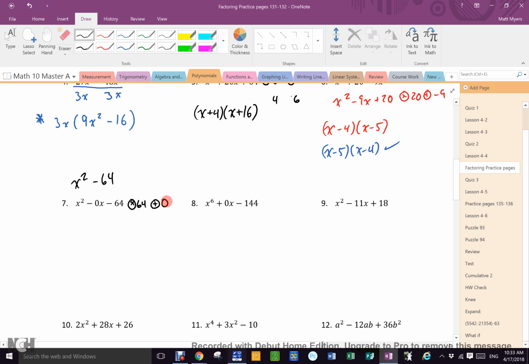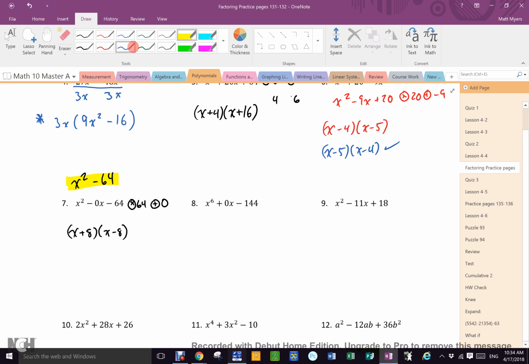What is it? 8 and negative 8, right? X plus 8, x minus 8, which should make your brain go, that looks weird, because the lesson that we're doing tomorrow is going to deal with this the way it's written instead of with that 0.